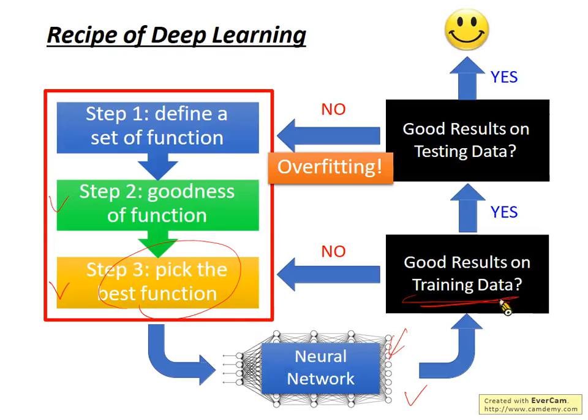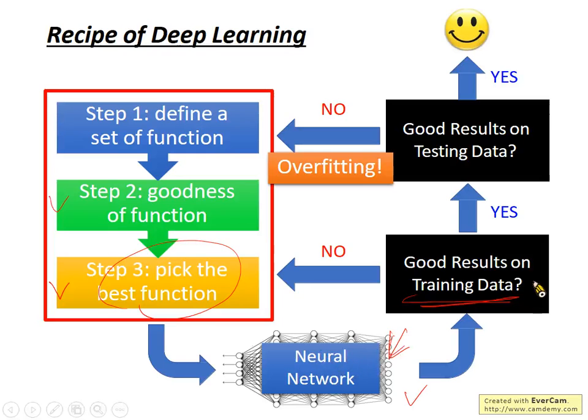So if we don't achieve high training accuracy, the so-called training accuracy is that we put the training data into the neural network and then see the accuracy of the classification, for example. If we don't achieve good training accuracy, we need to change the parameters to train the neural network.